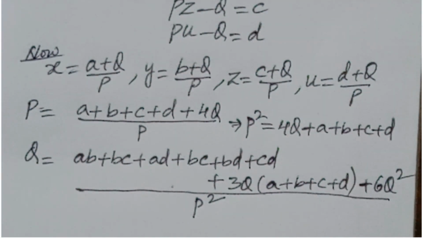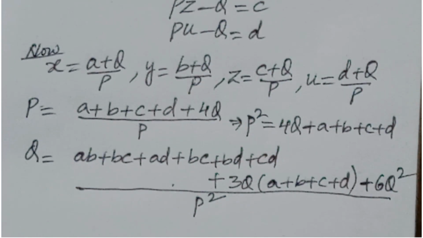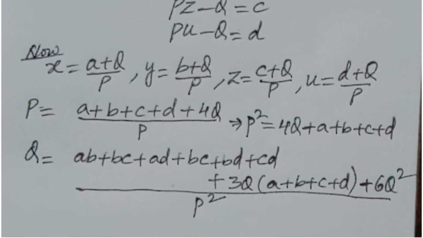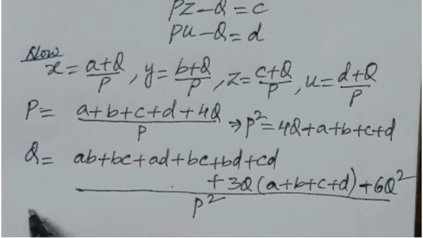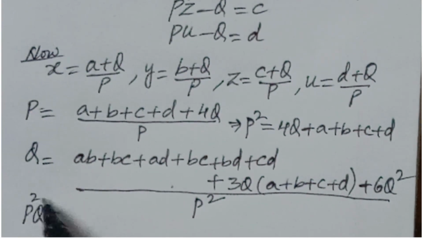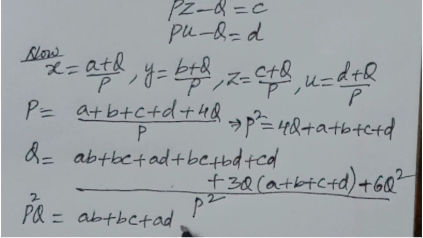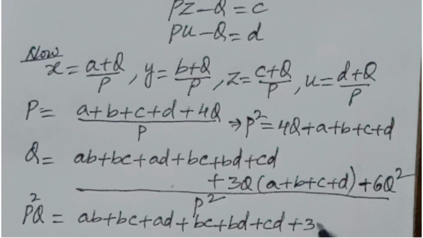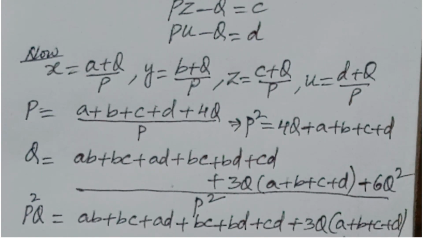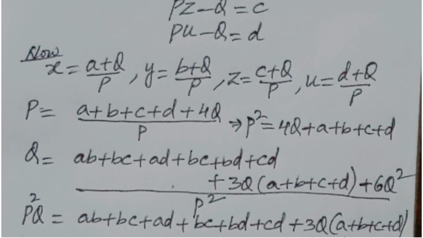If you multiply the values, you will get this. Now if you cross multiply, p²q is equal to ab plus bc plus ad plus bc plus bd plus cd plus 3q(a plus b plus c plus d) plus 6q².